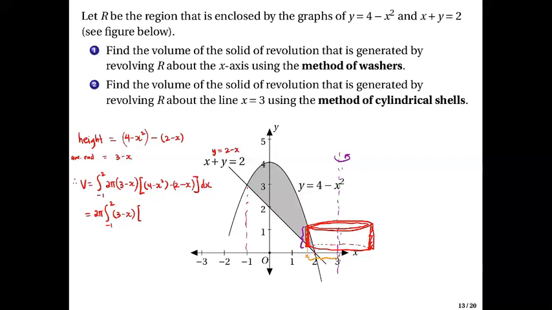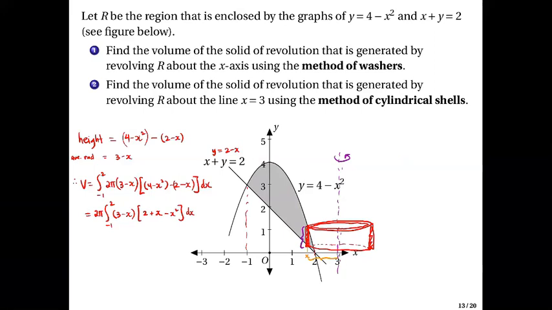We have this 4 minus 2, so we just have 2 there. And then we have here minus negative x, so it becomes plus x. And then you have your minus x squared, dx.